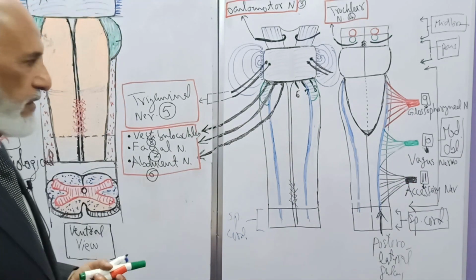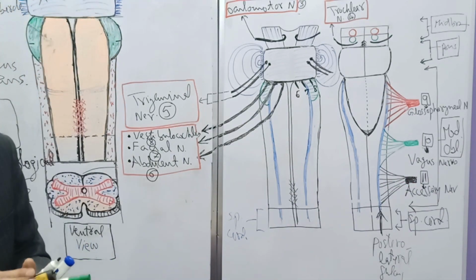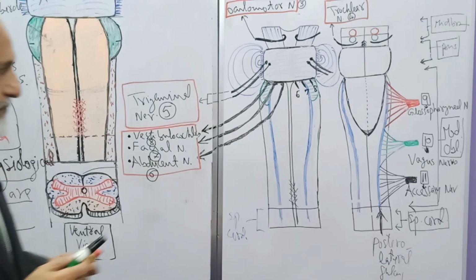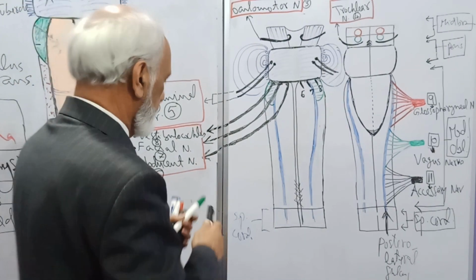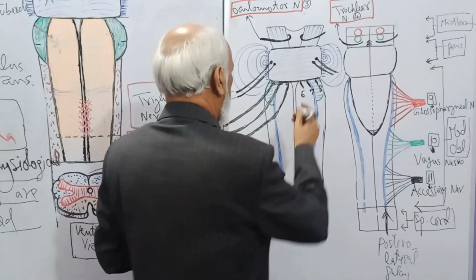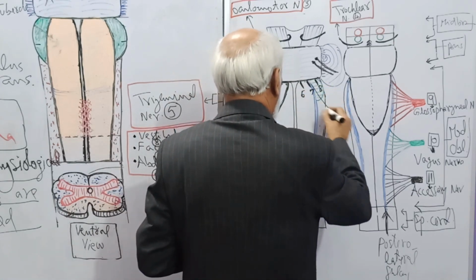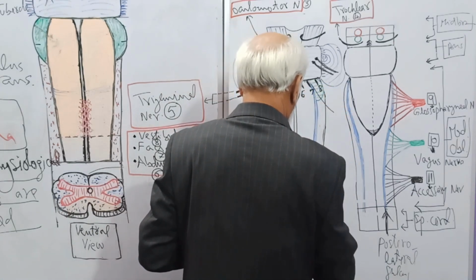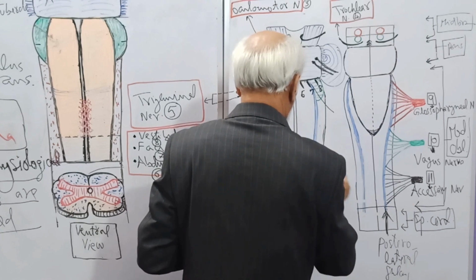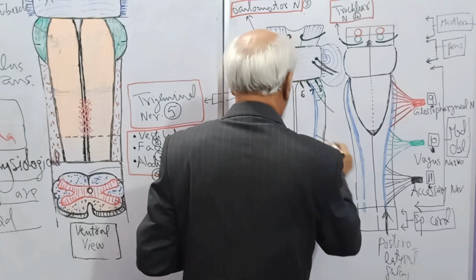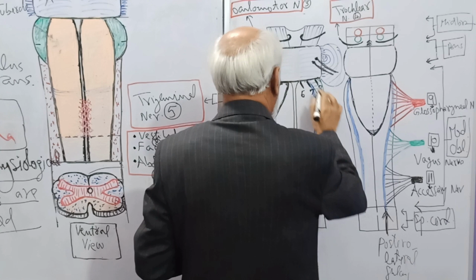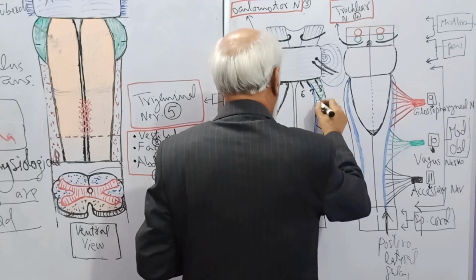One nerve is left, 12th cranial nerve, hypoglossal nerve. It again arises by several rootlets from the anterolateral sulcus of medulla oblongata.